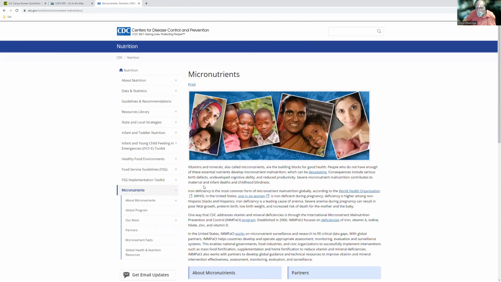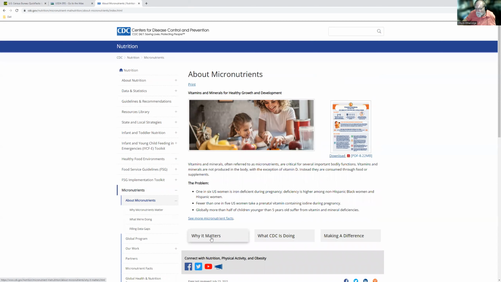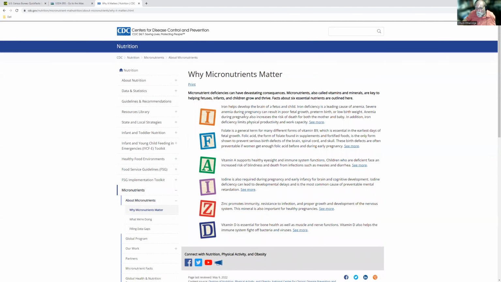So we see iron deficiency, mineral deficiencies, and we have all this stuff about micronutrients, why it matters: iron, folate, vitamin A, iodine, zinc, things like that. It talks about all these things that are not being treated properly if you don't have access to fruits and vegetables, if you have micronutrient malnutrition.